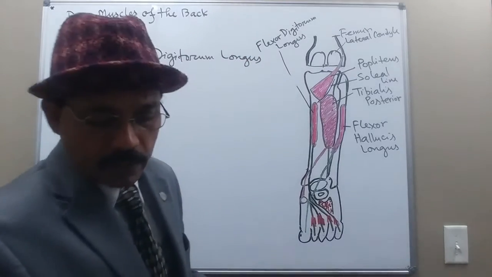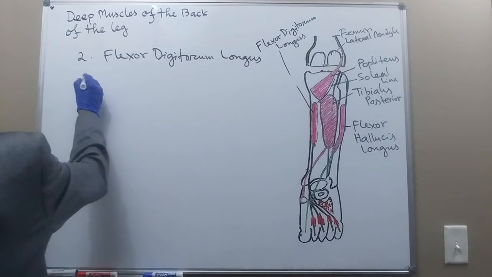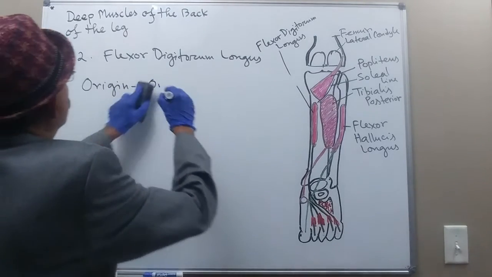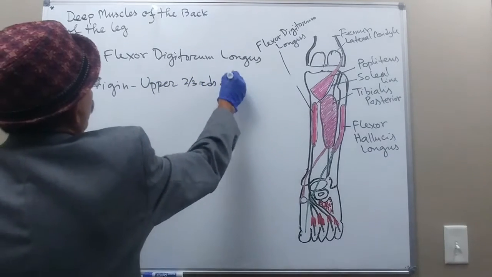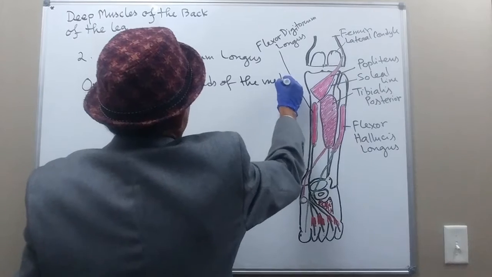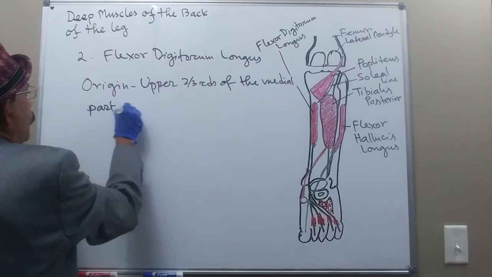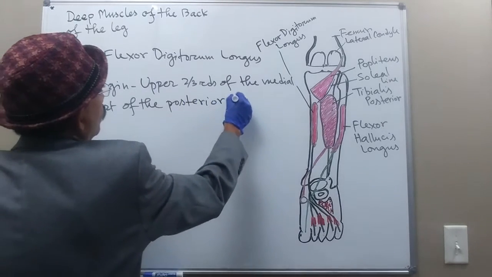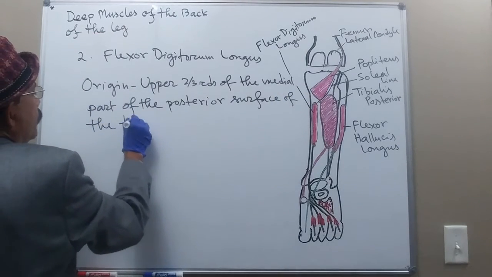So this is the soleal line. Okay, so we got that the origin is the upper 2/3 of the medial part of the posterior surface of the tibia.